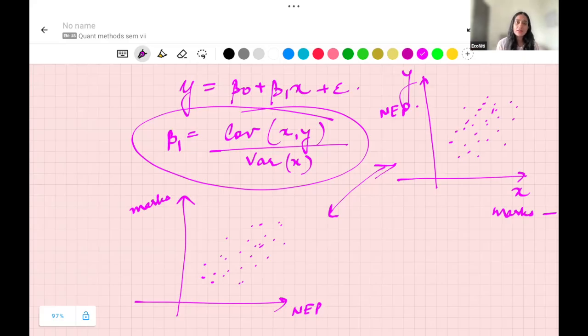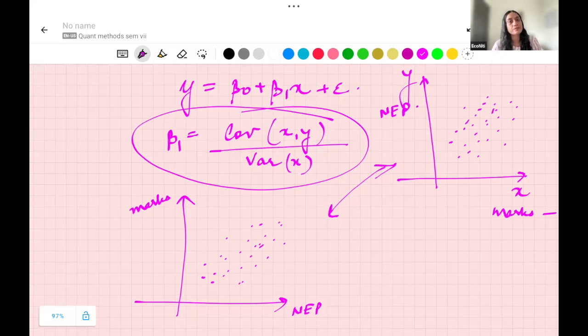Statistically we cannot say that at all, because this is only and only a covariance. You're just seeing how two variables are varying in relation to each other. This is statistically. Now let's understand this a bit more intuitively.